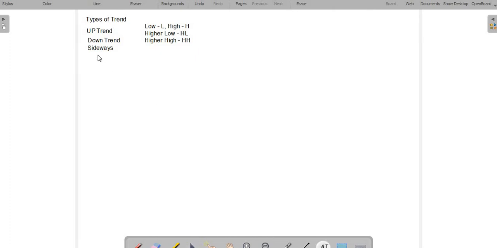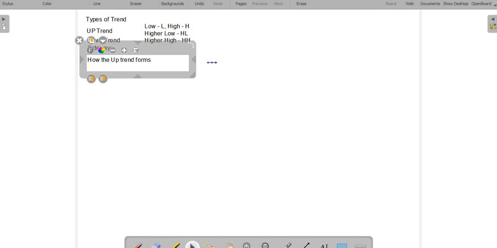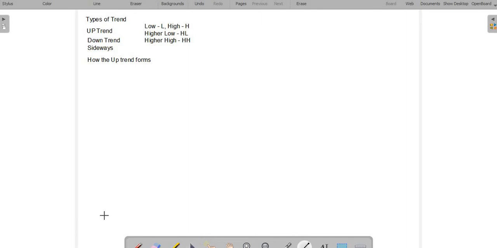Now we'll go for how the uptrend forms. I'll draw the uptrend first.